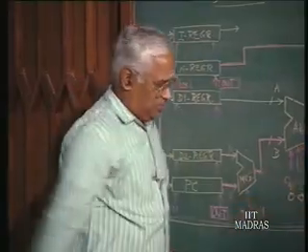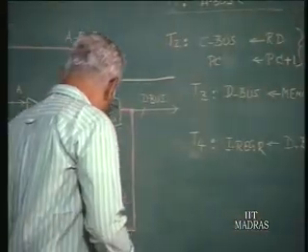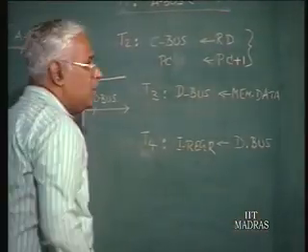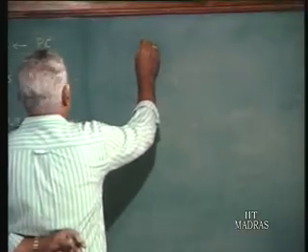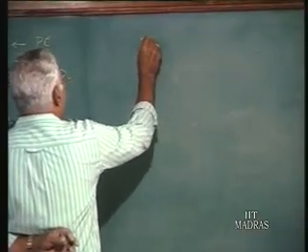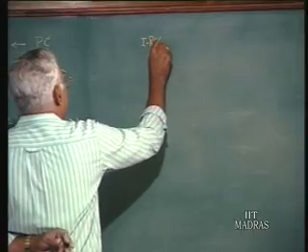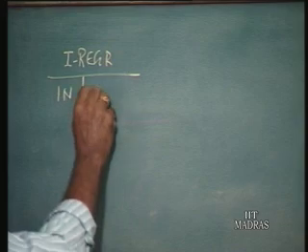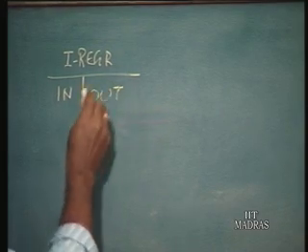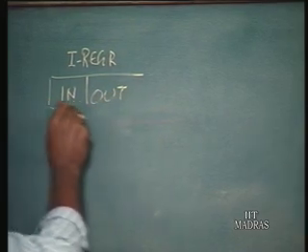Similarly, these things we have seen in detail. Now, let us work it out. Say we have this code: the I register has in and out signals, and so on.